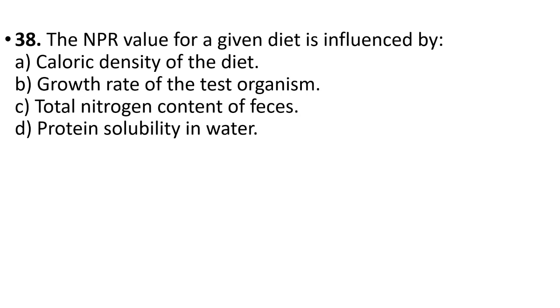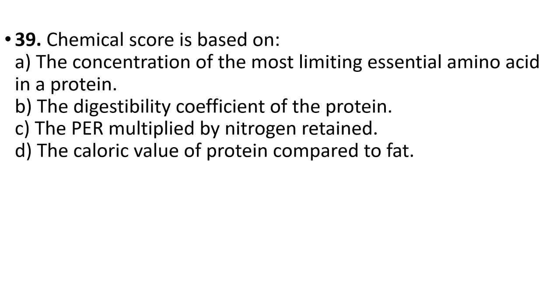38. The NPR value for a given diet is influenced by caloric density of the diet, growth rate of the test organism, total nitrogen content of feces, protein solubility in water. Your answer is option B, growth rate of the test organism. 39.